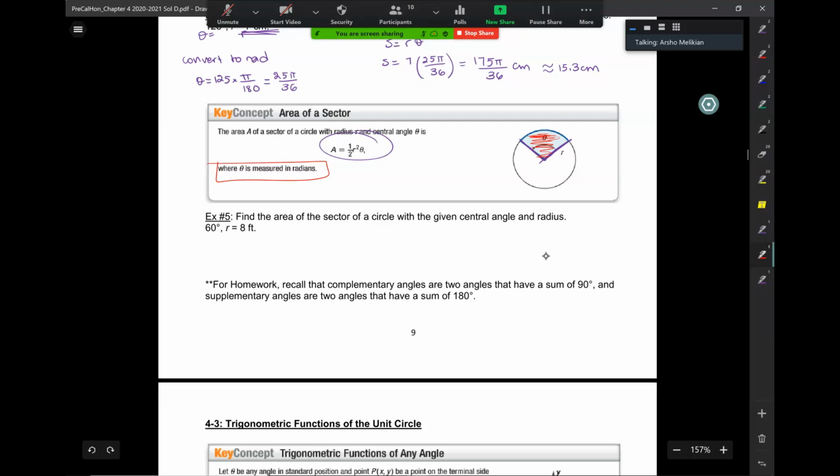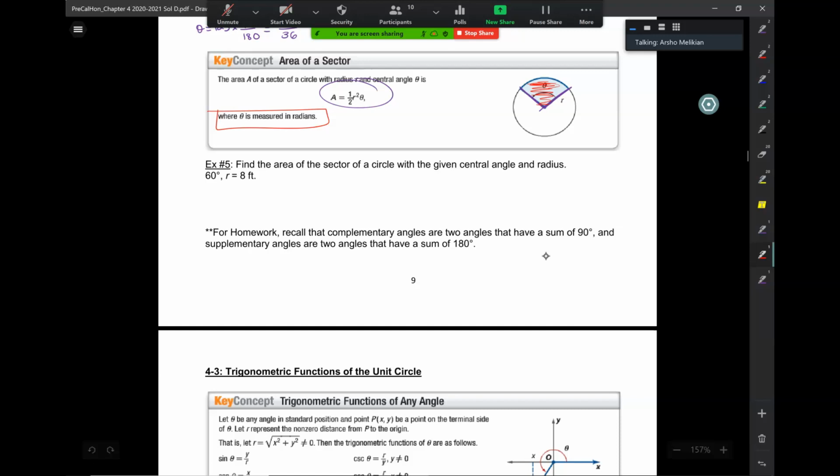Again, you just have to make sure that you're in radians. That's the only thing that you have to remember with this. Like I said, usually my pre-calc kids do okay with this. So theta is 60 degrees times pi over 180, pi over 3. Area is half r squared theta.